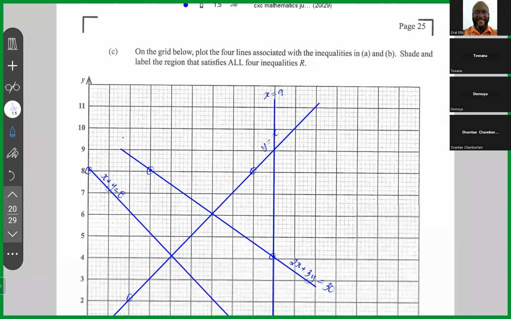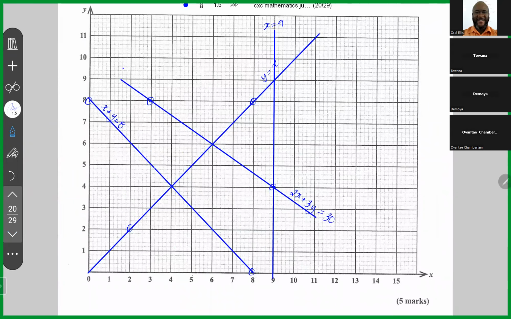Now, everywhere on this line, x plus y is equal to 8.